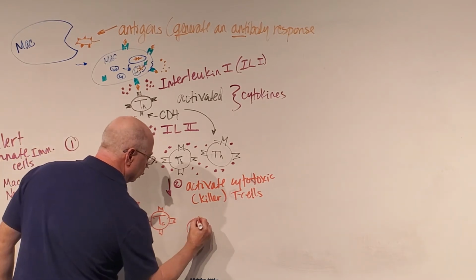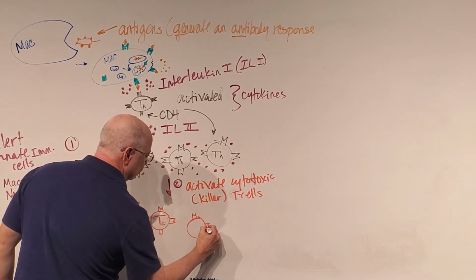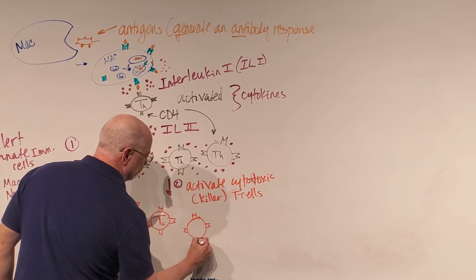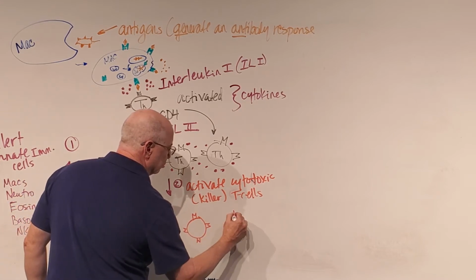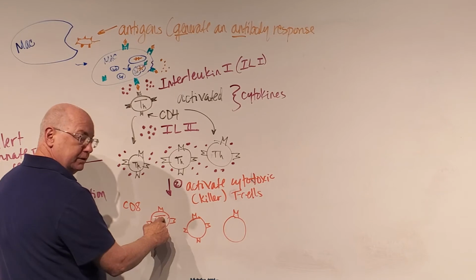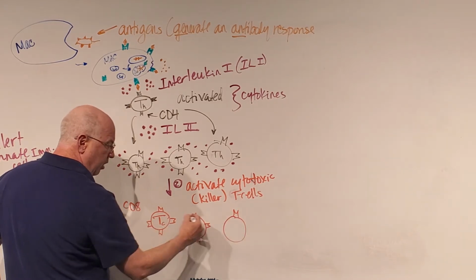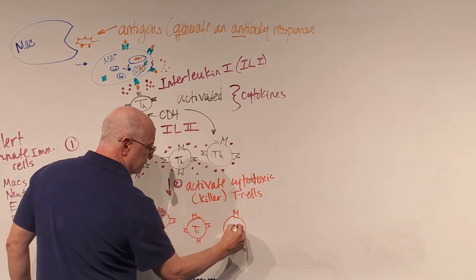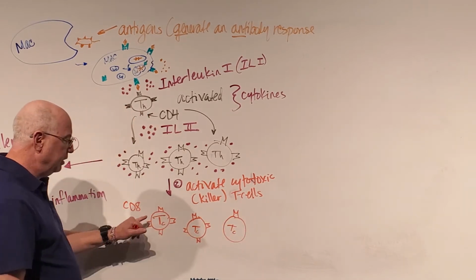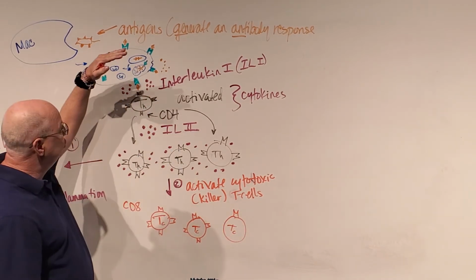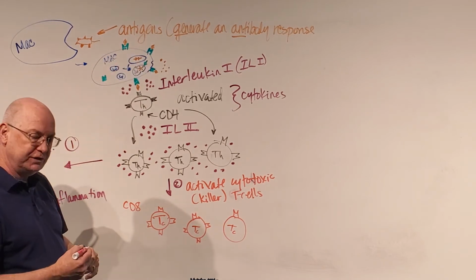And they will multiply rapidly by mitosis and increase in number. And since this specific cytotoxic T cell is being stimulated, they will all have the exact same CD8 molecule that can recognize just that specific surface antigen.